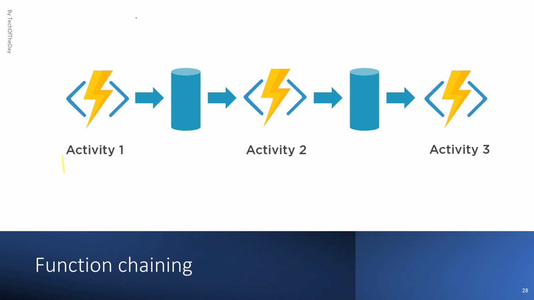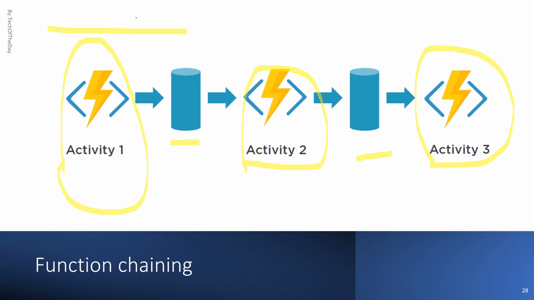So let's say we first execute activity 1 on an Azure function, then we go to the next activity, then the orchestrator, and then activity 3. So in the whole flow from here till here, the orchestrator function will keep track of these activities.